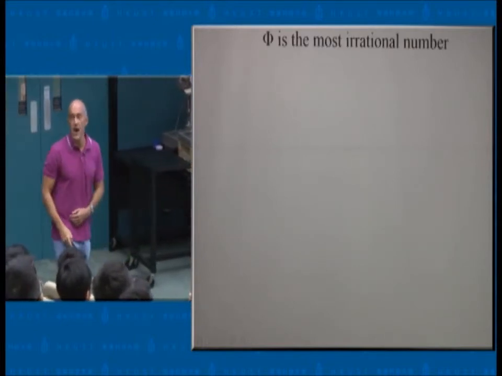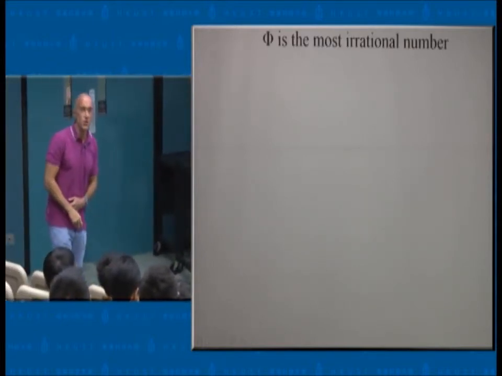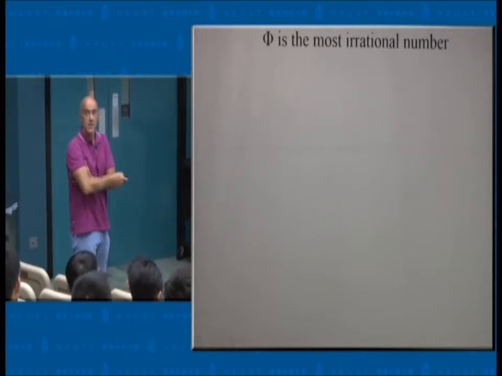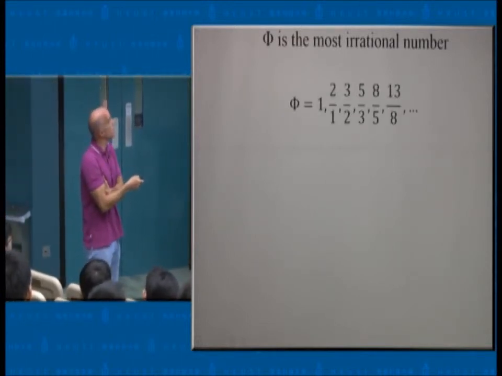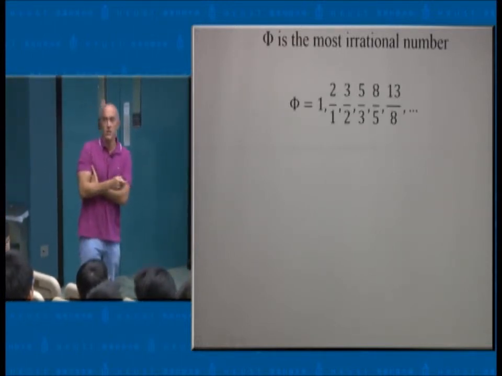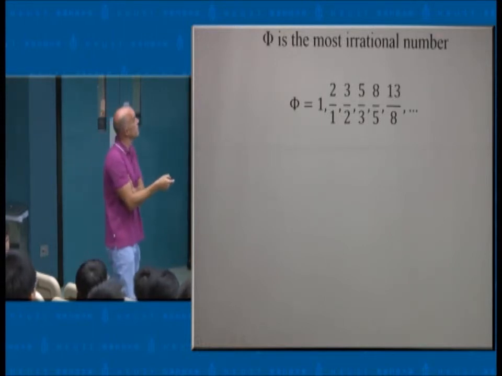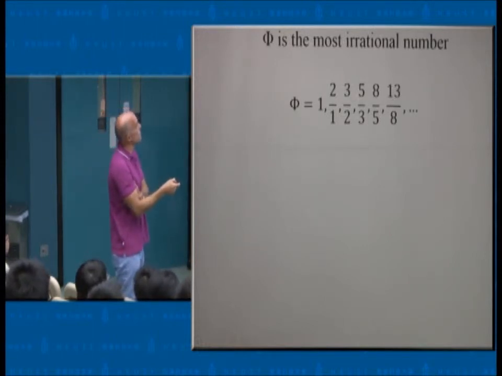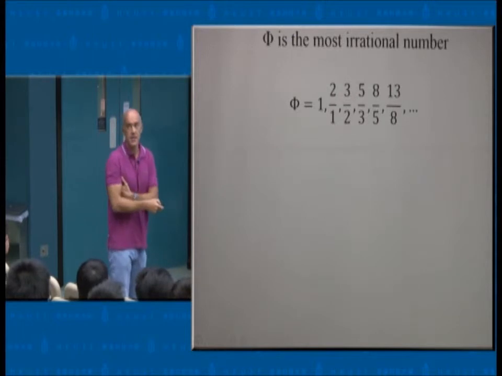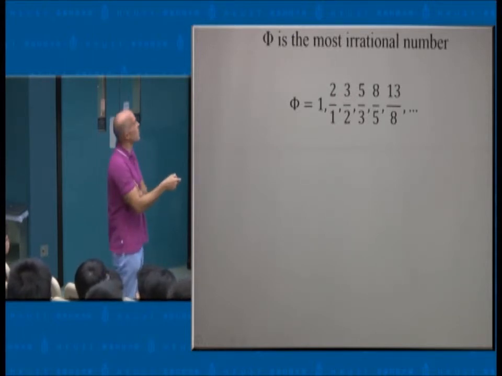So we say that phi is the most irrational number. Here are the partial fraction expansions: 1, 2, 3, 5, 8, 13. That's the Fibonacci sequence, if you don't remember. Okay, so this is the ratio of the neighboring Fibonacci numbers.